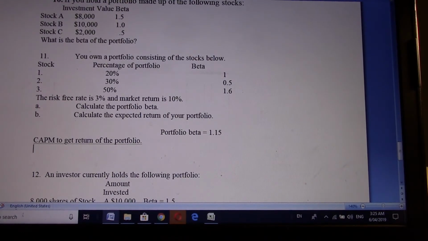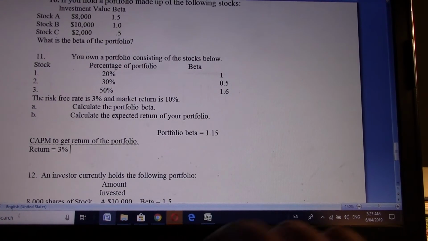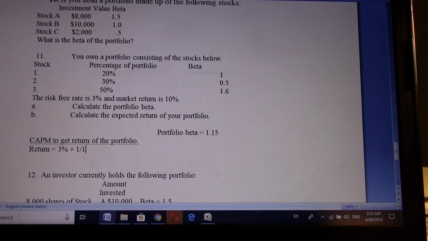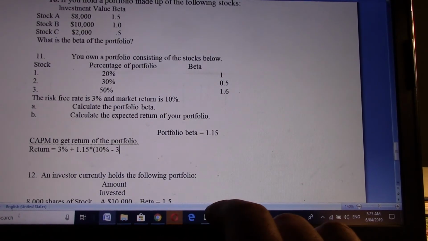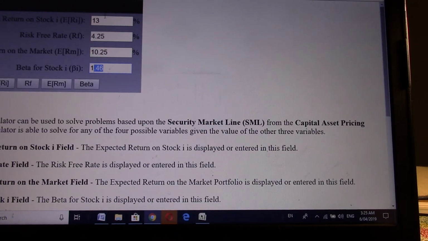So you can use the calculator, for example, or you can calculate by yourself. And the equation is just return equals the risk-free rate plus beta, which you just got, 1.15, times market return minus the risk-free rate. This will be your portfolio's return. Or you can use the calculator here.